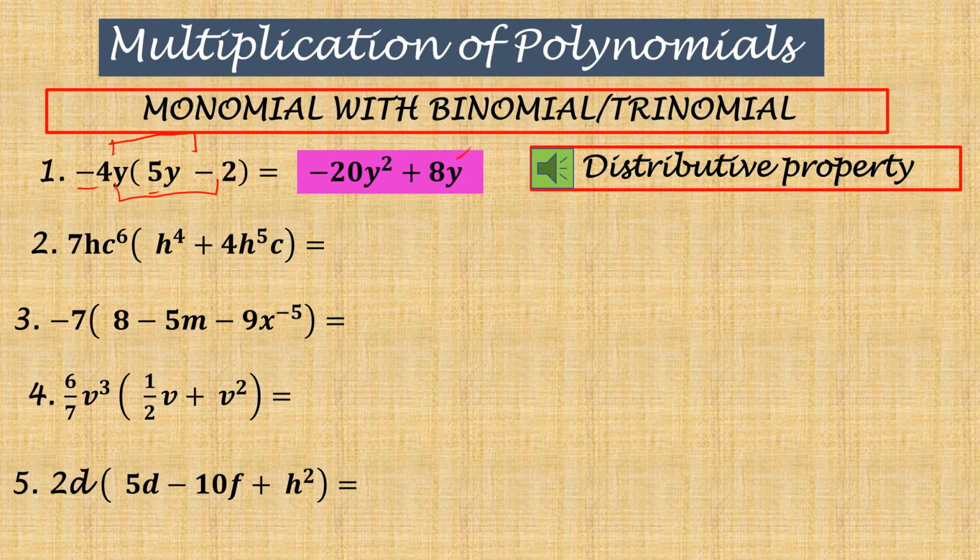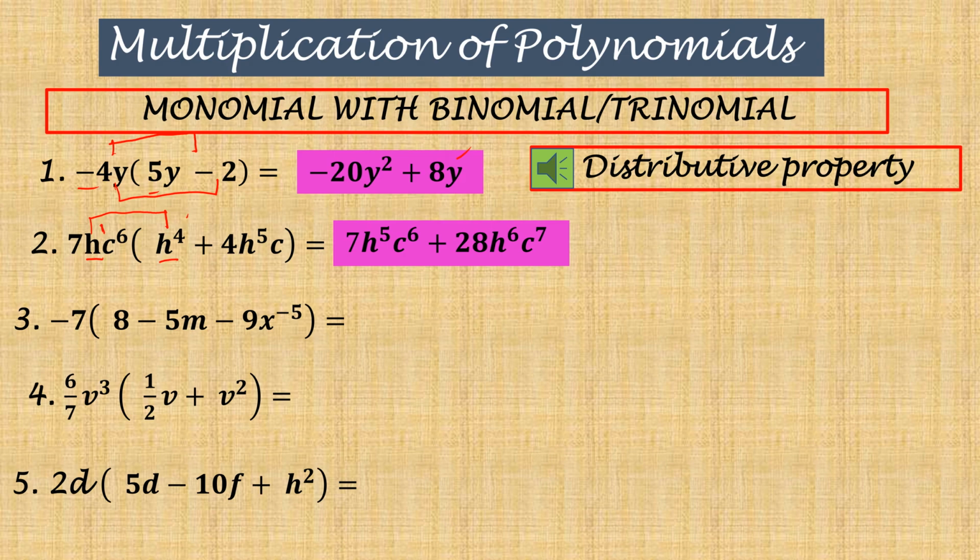In number 2, you have seen that the 78c to the 6 multiplied to h to the 4. Remember that only h exponents can be added. So we have 78 h to the 5th, because this is understood, there is a 1 and a 4.